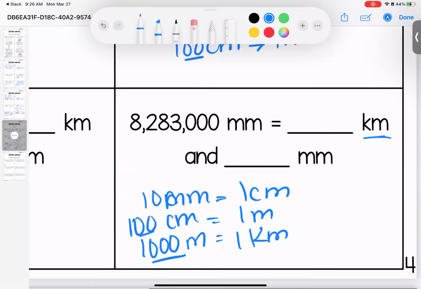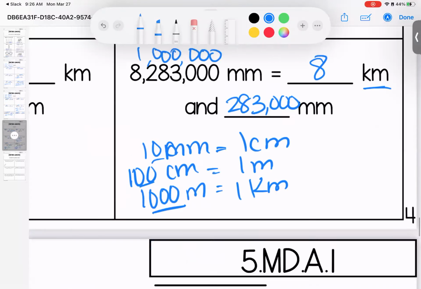So we have 1, 2, 3, 4, 5, 6 zeros, so we're dividing by 1 million. We get 8 kilometers and 283,000 left over. Okay? Drop your zeros, find your fact. We can divide and put them back.